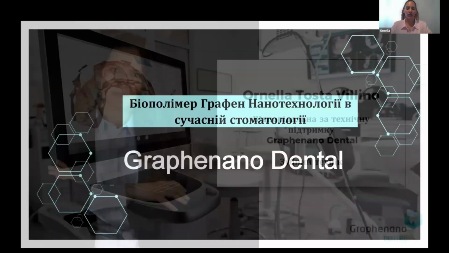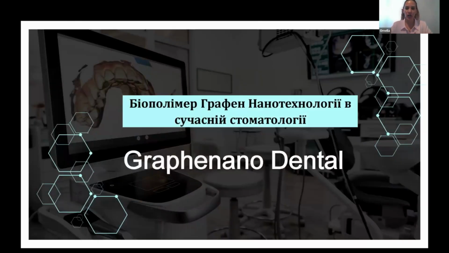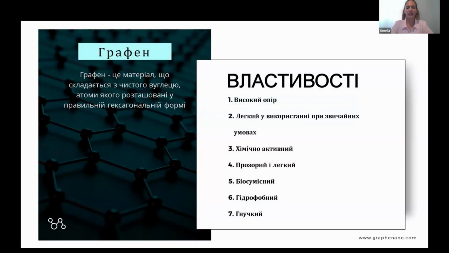Today we are going to talk about what is graphene, the advantages, and which is going to be the best way of use for this product. So you can understand this new material better, graphene is an allotropic form of carbon, okay? You know that carbon can be found in different ways. We can find carbon in the graphite of our pencils.